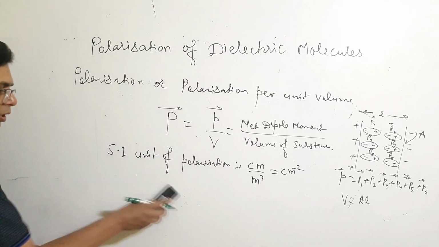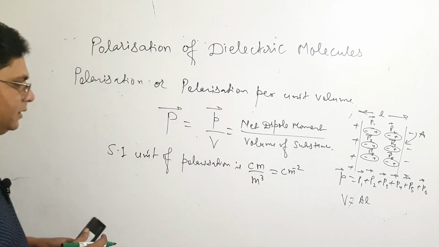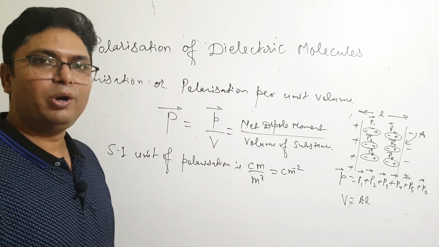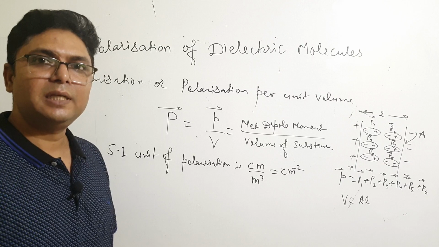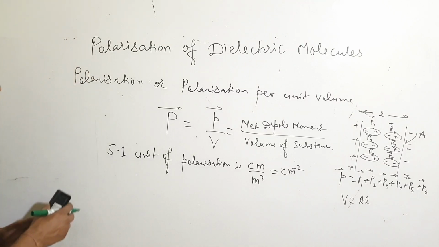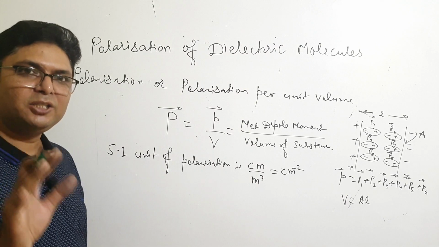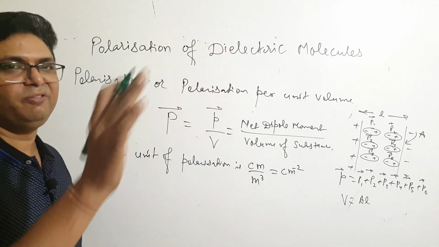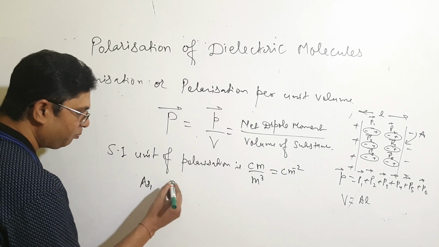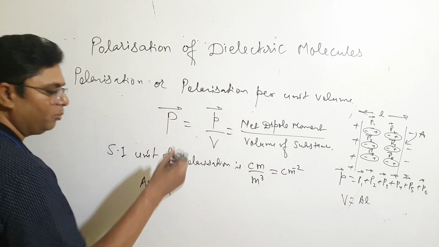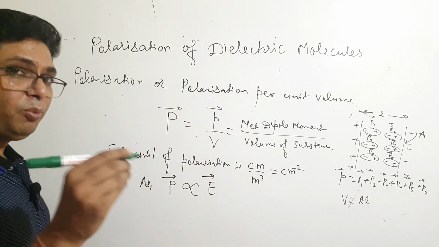Now you are going to see one important topic, which is known as susceptibility, or electrical susceptibility. Here this is P, where P stands for polarization. Polarization directly depends upon the electric field. This means that polarization per unit volume directly depends upon electric field. If you increase the electric field, polarization will increase.